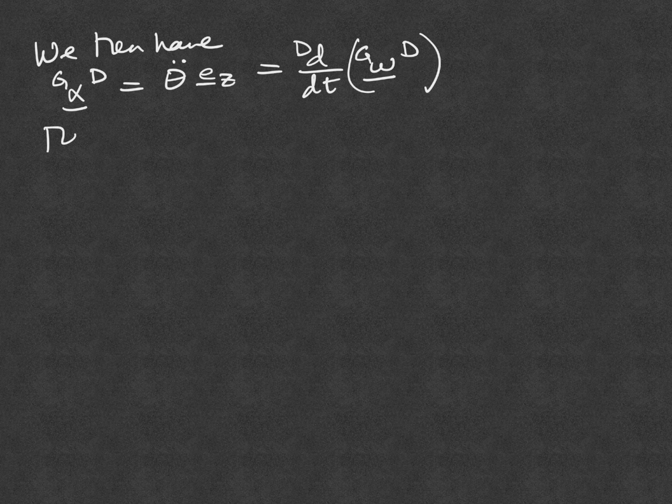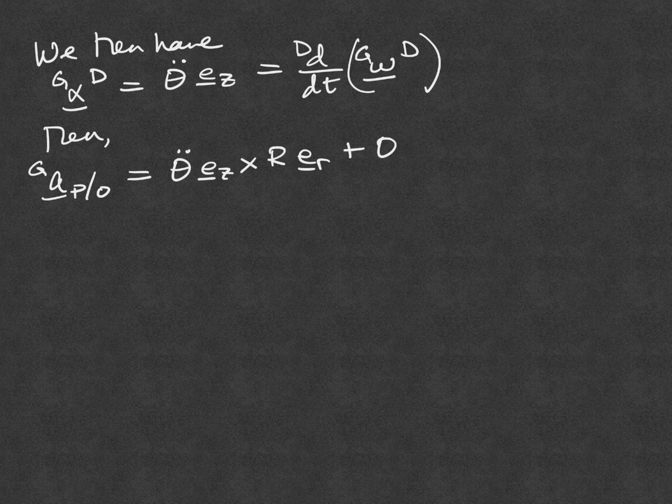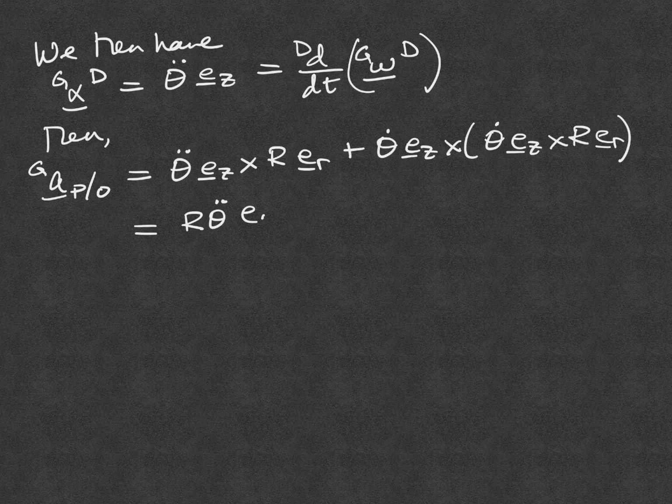So then the acceleration of P relative to O in G is equal to theta double dot EZ crossed with RER, because that's the position of P relative to O, plus theta dot EZ crossed with theta dot EZ crossed with RER, which is equal to R theta double dot E theta.